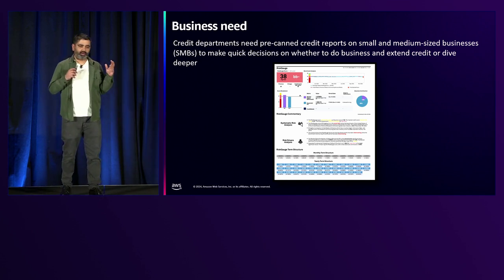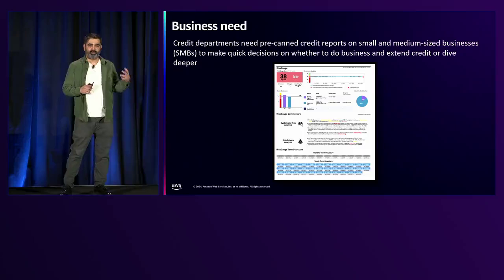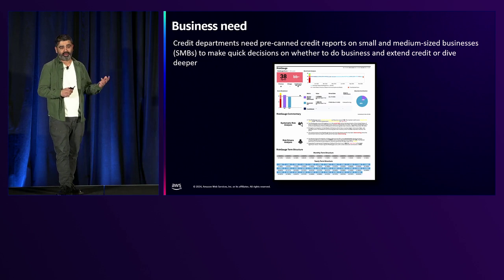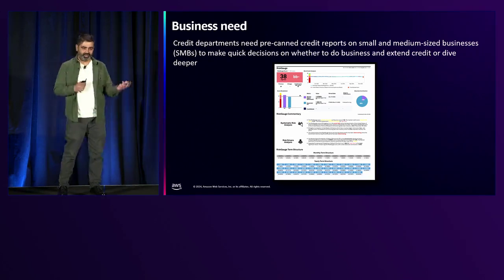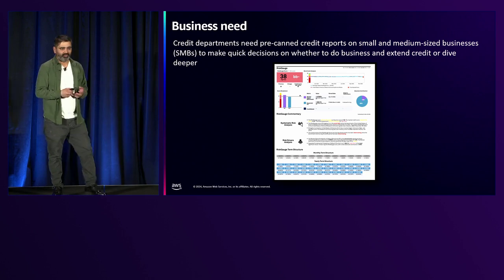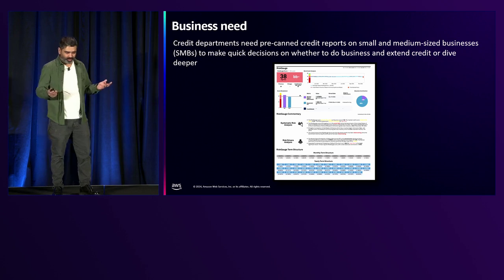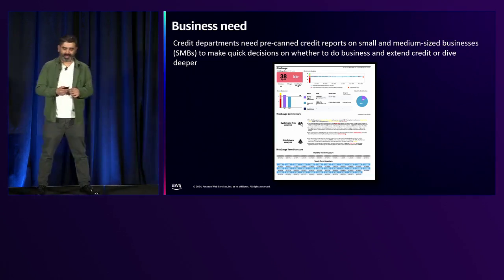Giving credit ratings for private companies is a tricky business, because in a lot of jurisdictions, these private companies are not obligated to file financials. So we have to look at other signals to meet the needs of our customers who are dealing with these private companies. We call them SMBs, small and medium enterprises.